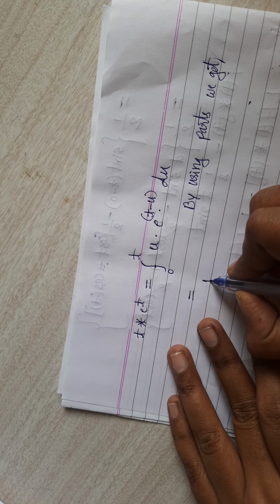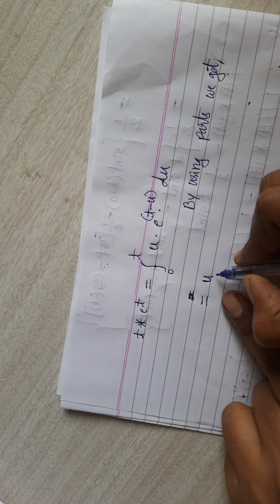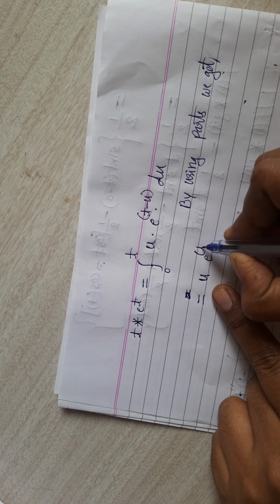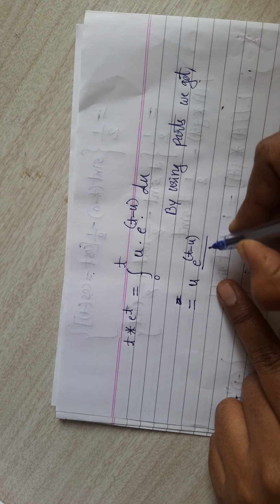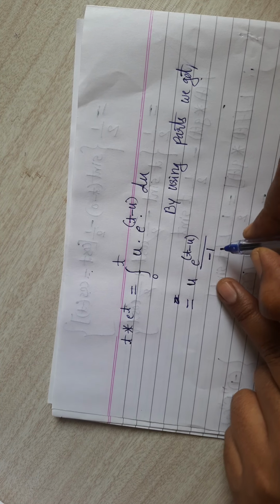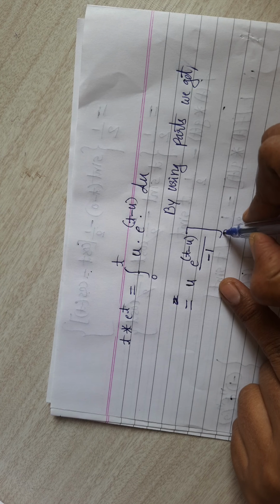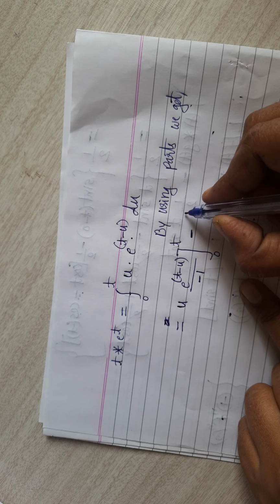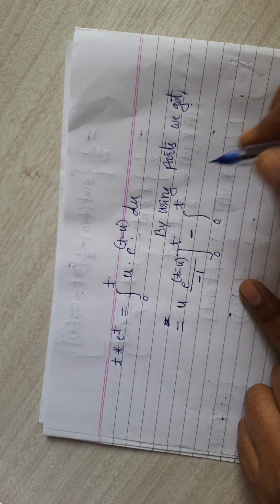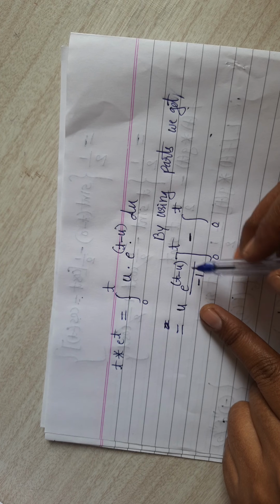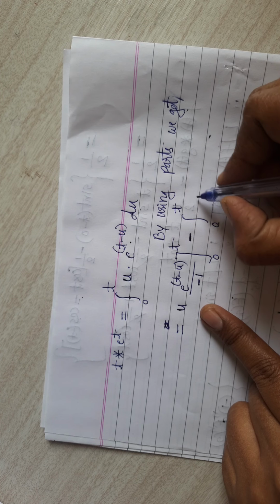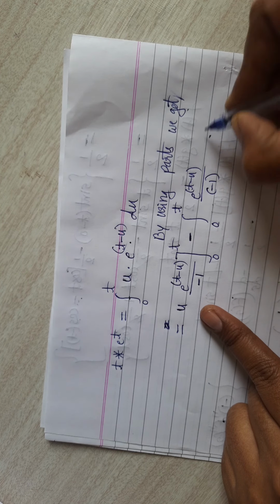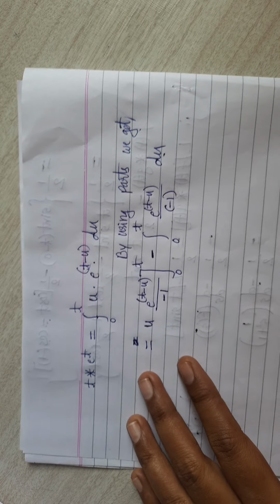So I'll write u as it is into the integration of the second function, that is e to the power t minus u divided by the coefficient of u, that is minus 1, from 0 to t, then minus again integration from 0 to t of the derivative of u, that will be 1, again into the integrated term, e to the power t minus u divided by minus 1 into du.